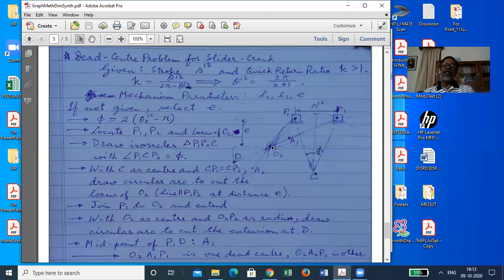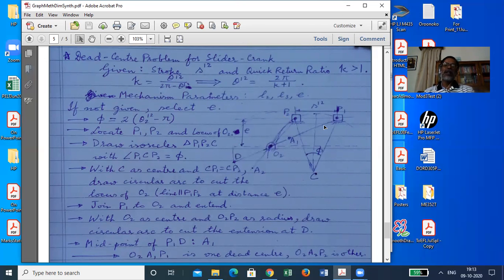So basically, in the completely extended position you have got L2 plus L3, and you know that this is L3 minus L2. So that same distance you make in this direction. So this is L3 minus L2, and this is L3 plus L2.